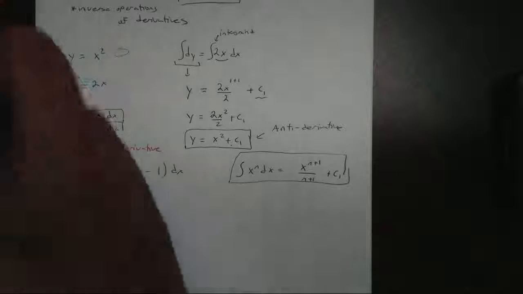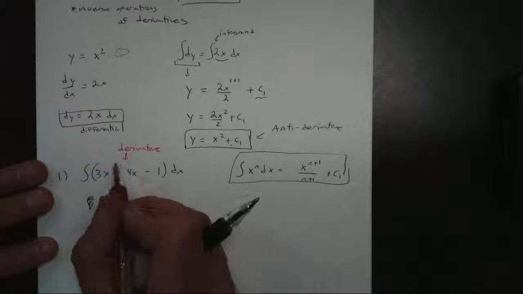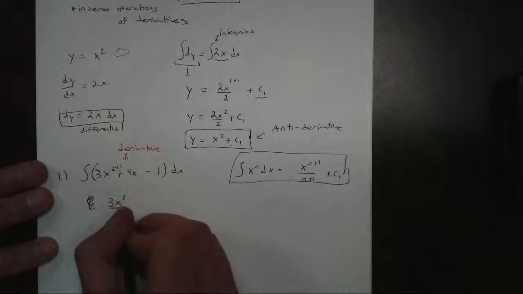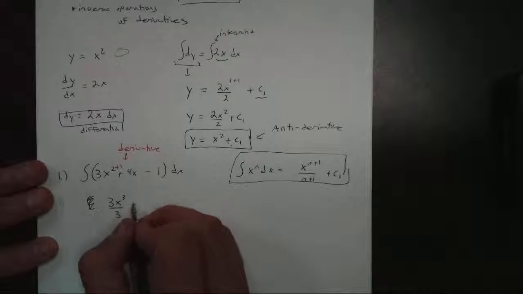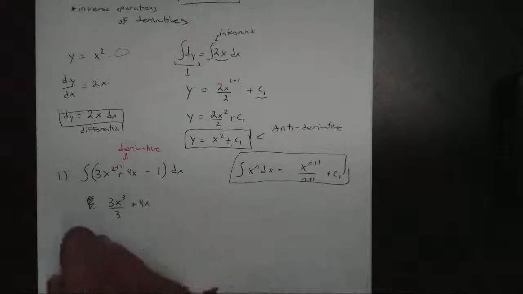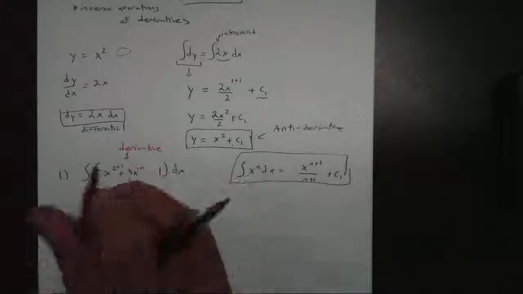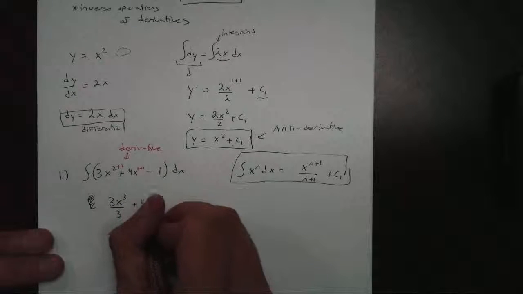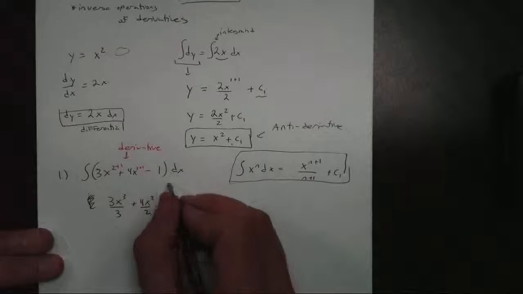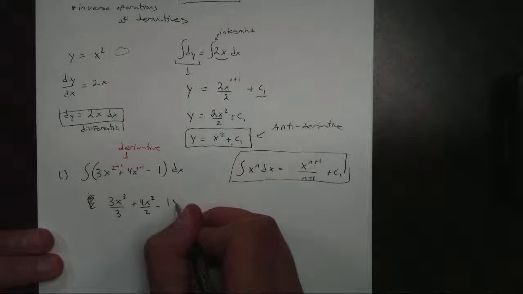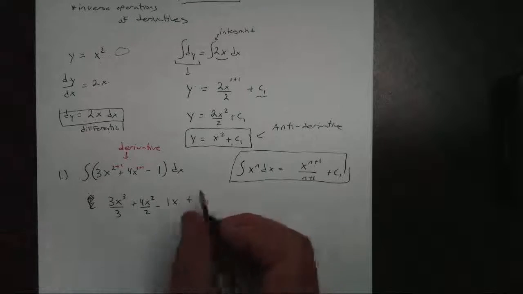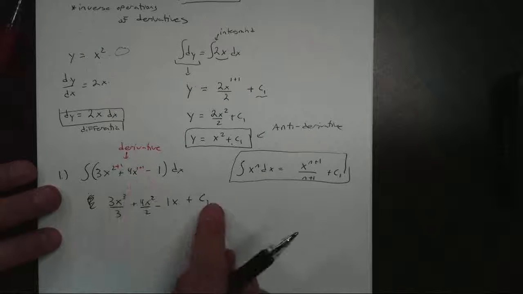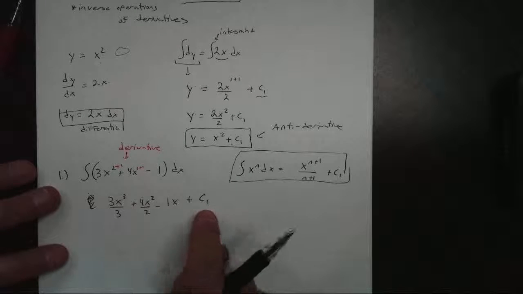If I add 1 to the power here, I get 3, and I put that same 3 on the bottom, plus 4x. Again, there's a 1 up there. I add 1, that becomes 2 over 2, minus, and this just becomes 1x. Don't forget your constant, because remember that's a derivative. There might have been another constant there.